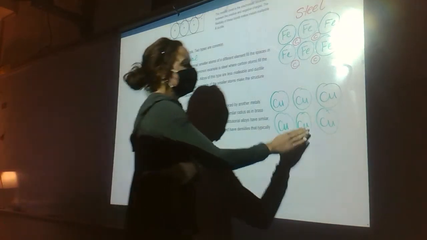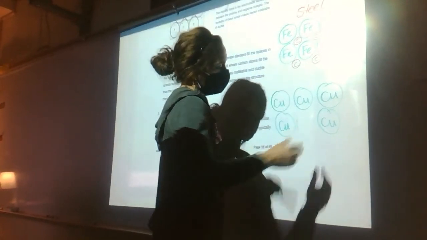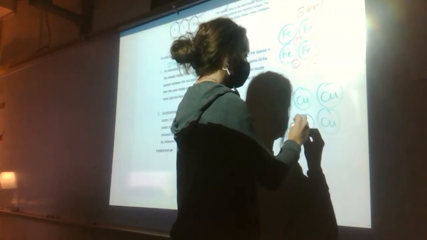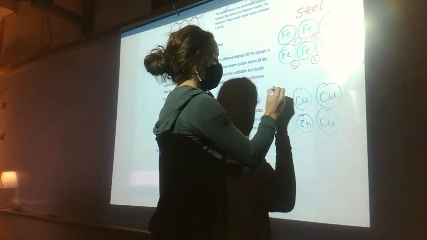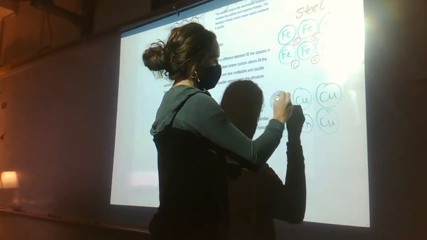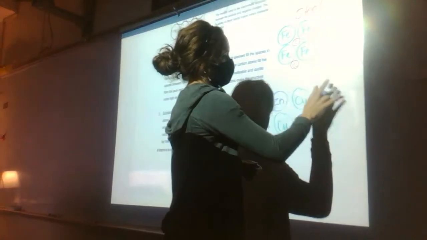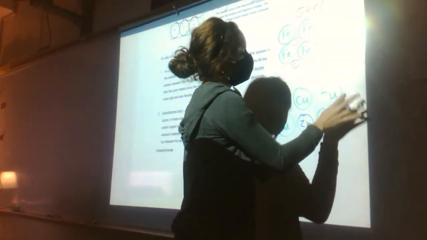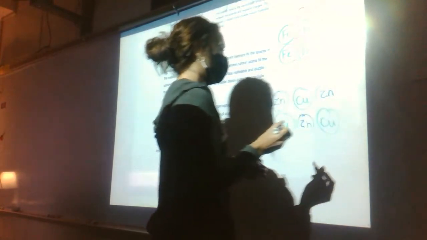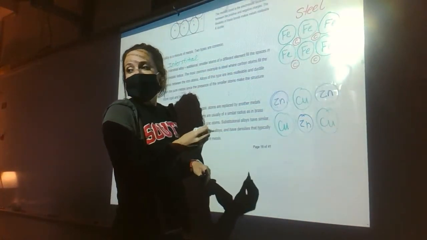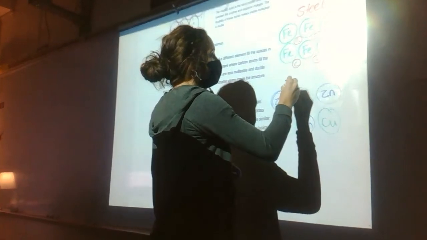So an example of this would be taking the coppers and replacing them with zinc. Not all of them, obviously, just some of them. But they have to be similar size, not the same, but close. When we mix copper and zinc and replace those in a substitutional alloy, we make brass.